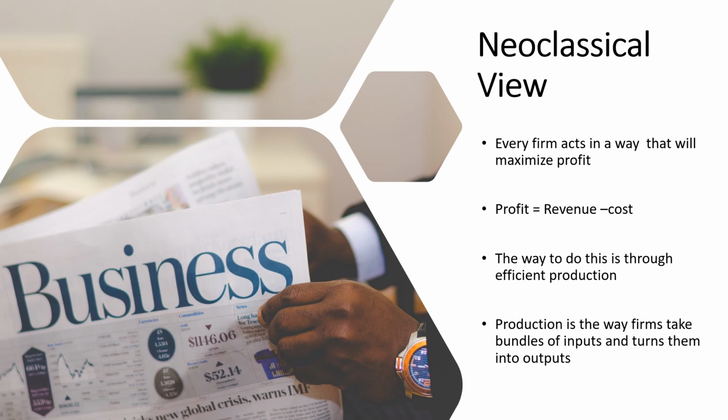So the neoclassical view of production is that every firm acts in a way that will maximize profit. And that profit, the simple definition of profit, is revenue minus cost. And the way to maximize profit is through efficient production. And production is the way that firms take bundles of inputs and turn them into outputs.